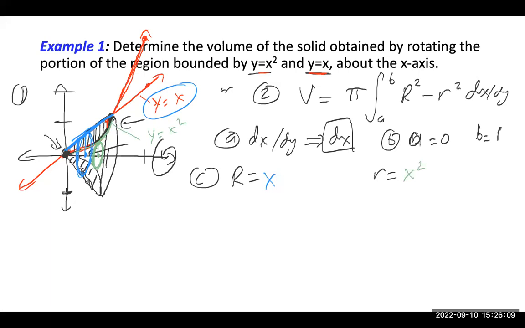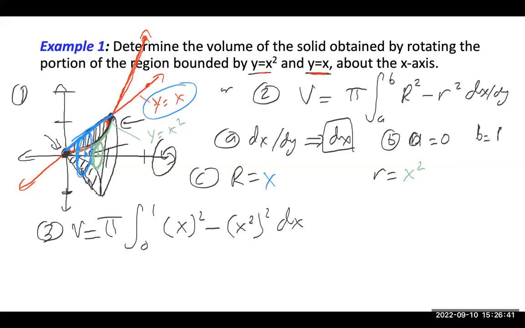And now that I have both of them, I can go ahead and plug it into my formula and say the volume equals pi times the integral from 0 to 1 of the outer radius squared minus the inner radius squared dx.